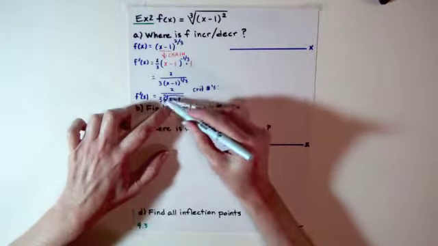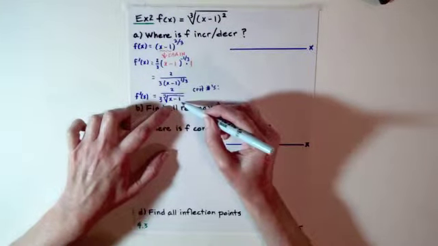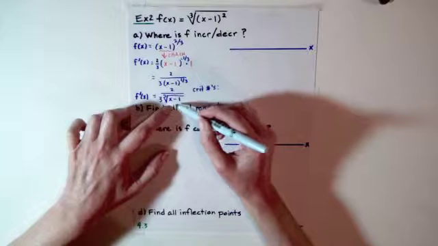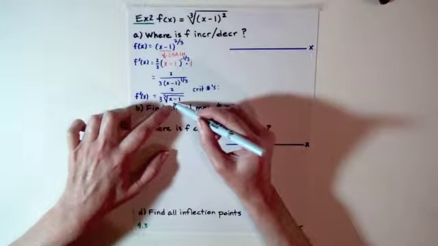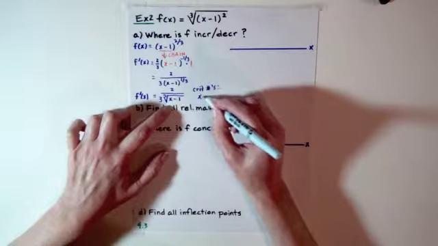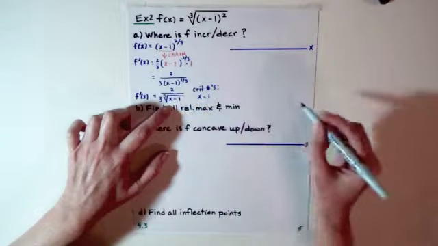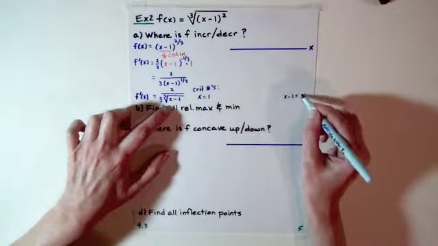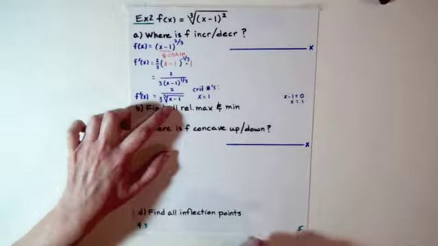And the bottom, this factor in the bottom could be changing sign when this factor is 0. And when is this factor 0? This factor is 0 when x equals 1. So that's my only critical number. We just take this factor and set it equal to 0. So really what we did was we thought, x minus 1, when is that equal to 0? That's true when x equals 1, and so 1 is my critical number.